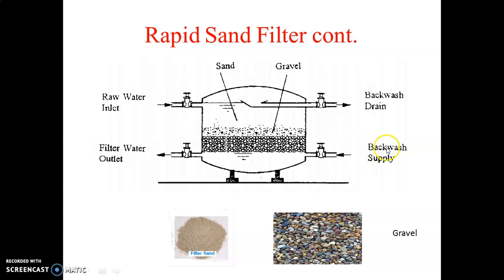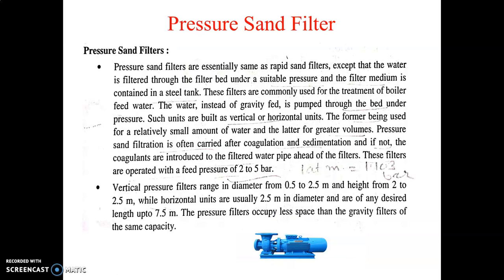For that purpose we wash the gravel or sand using backwash. The backwash removes the trapped solid material, and we get the clean filter medium, sand or gravel, and then again we can send the raw water from here, and the same process is operated. So this is called a rapid sand filter.